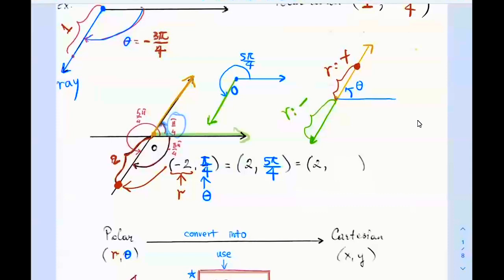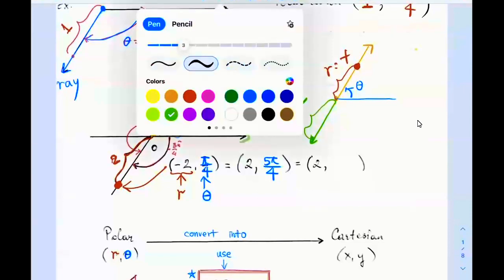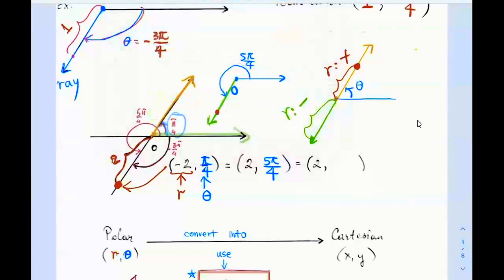Now because the r here is positive, you just go along the direction of the ray, and make it 2 units away from the pole. So that's why you have this 2 over here. From here to here, that's 2, and you get this.